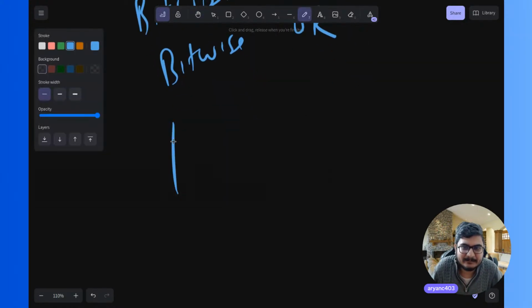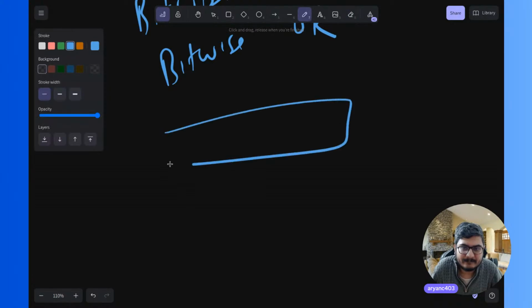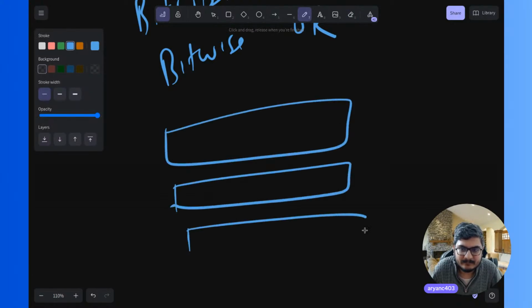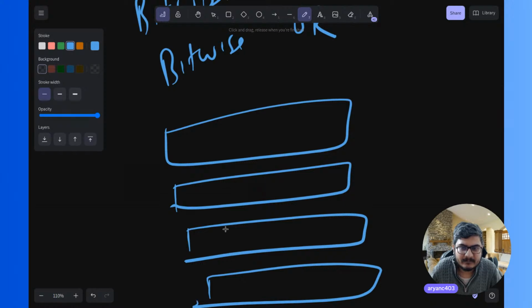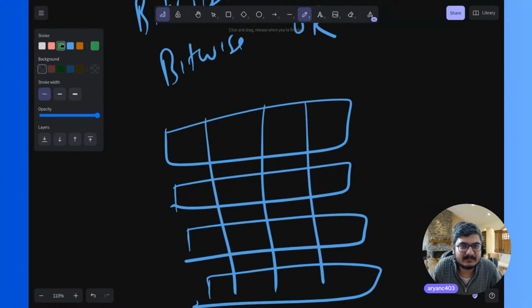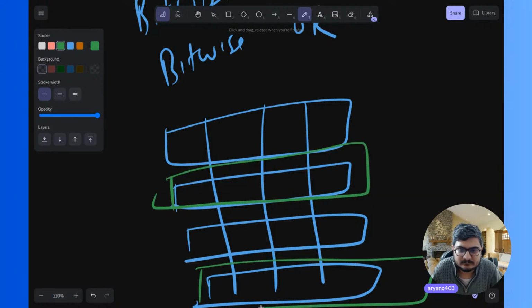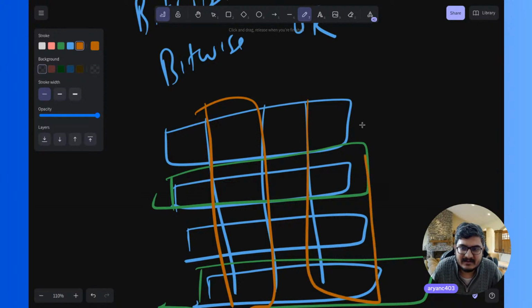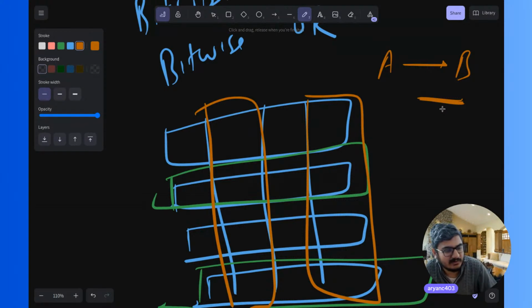You start with some matrix A. You can choose some value X and apply bitwise AND here, or you can choose some value X and apply bitwise OR on all of these values. You are given two matrices A and B, and your goal is to do some operations to get B and say if it's possible or not. And that was the problem statement.